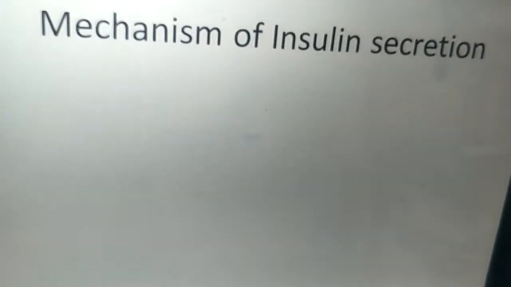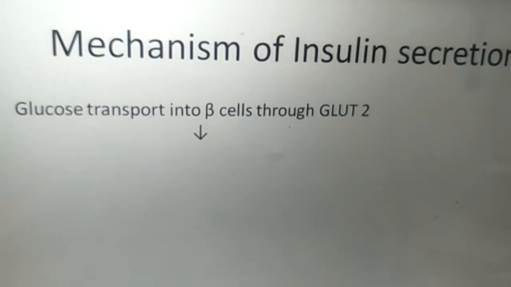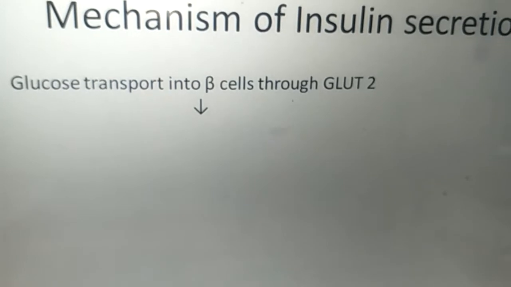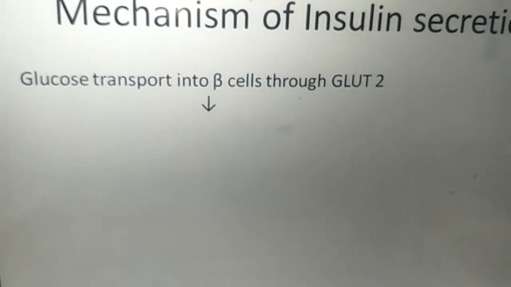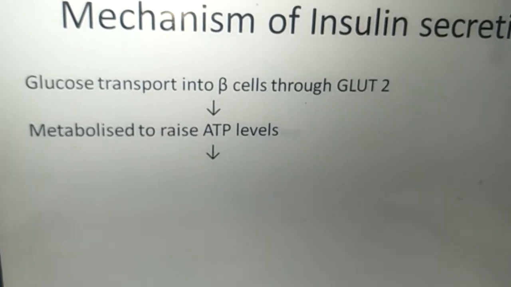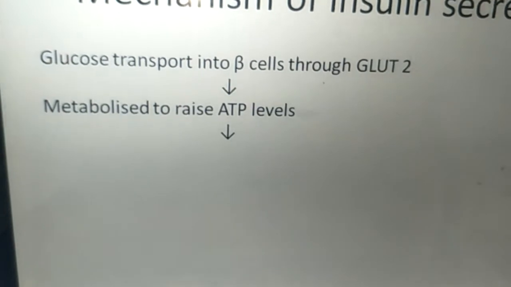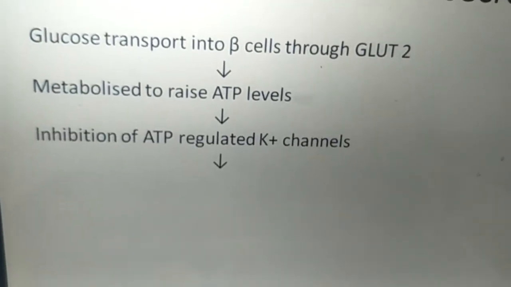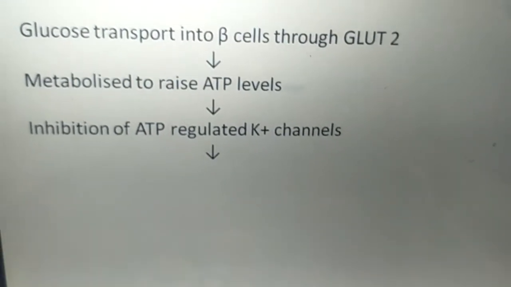So to sum up, we can see what is the mechanism of insulin secretion. Whenever glucose gets transported into the beta cells through glucose transporter 2, it gets metabolized, ATP levels are raised. So when ATP is raised, ATP regulated potassium channels get inhibited or closed.